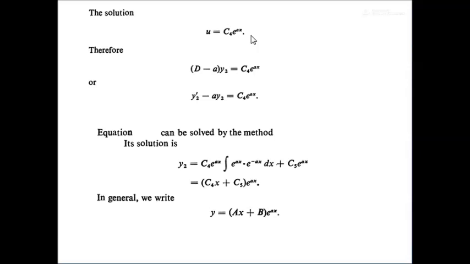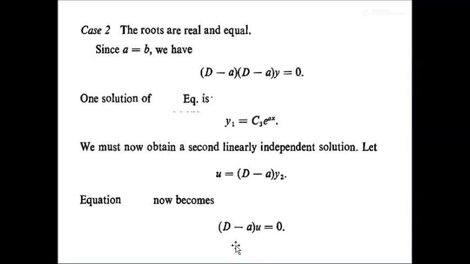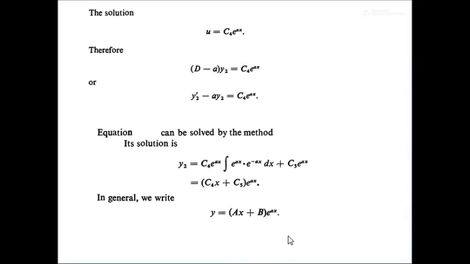Now as you see, (d minus a) u equal to 0, so u equal to c4 e to the power ax, then (d minus a) y2 will be equal to c4 e to the power ax. Now the equation becomes y2 prime minus a y2 equal to c4 e to the power ax.